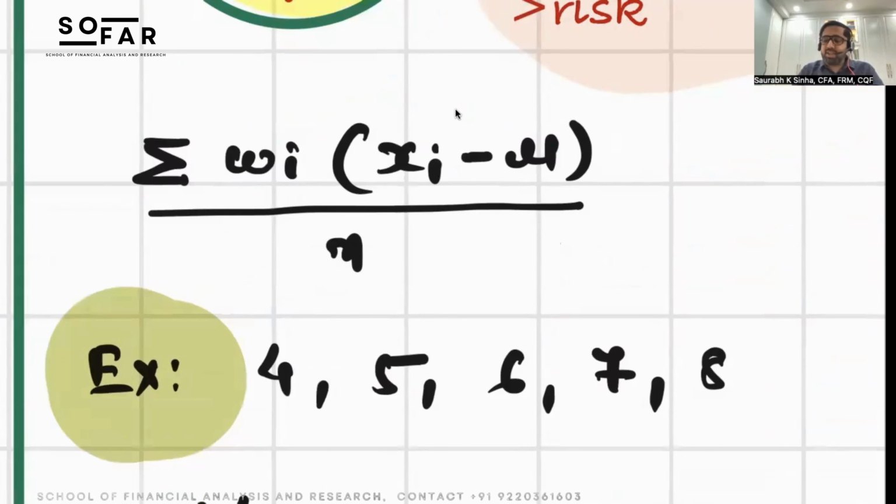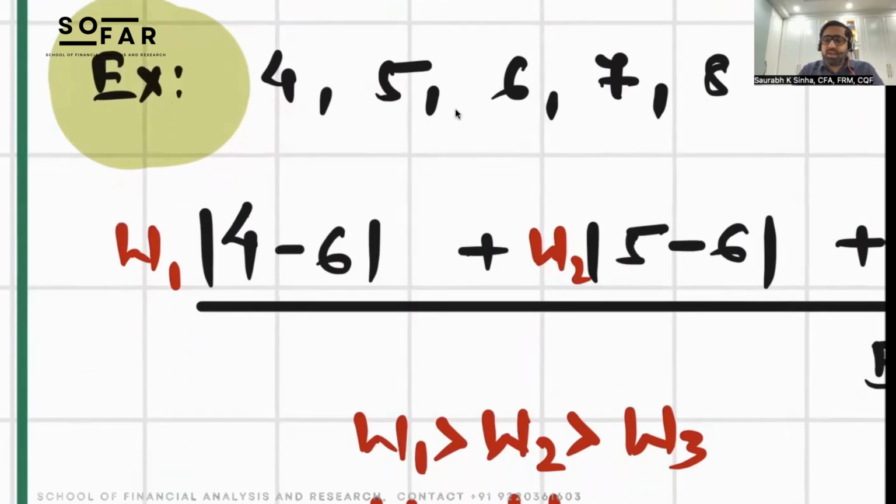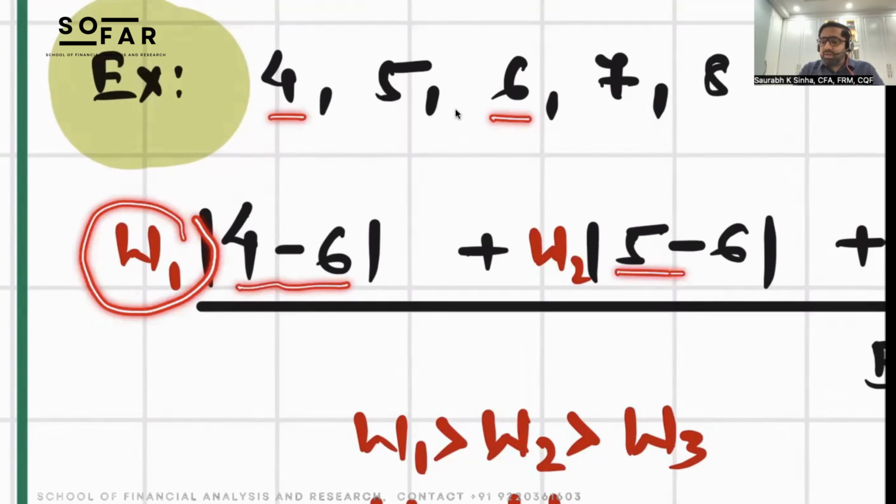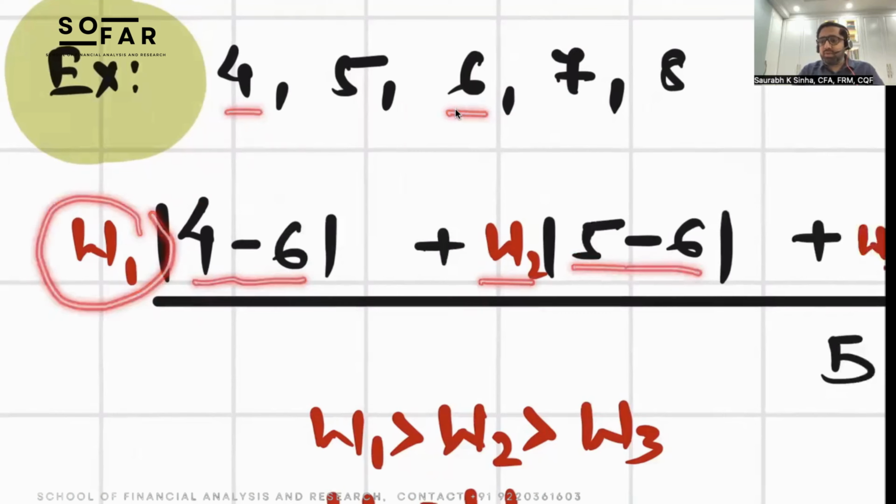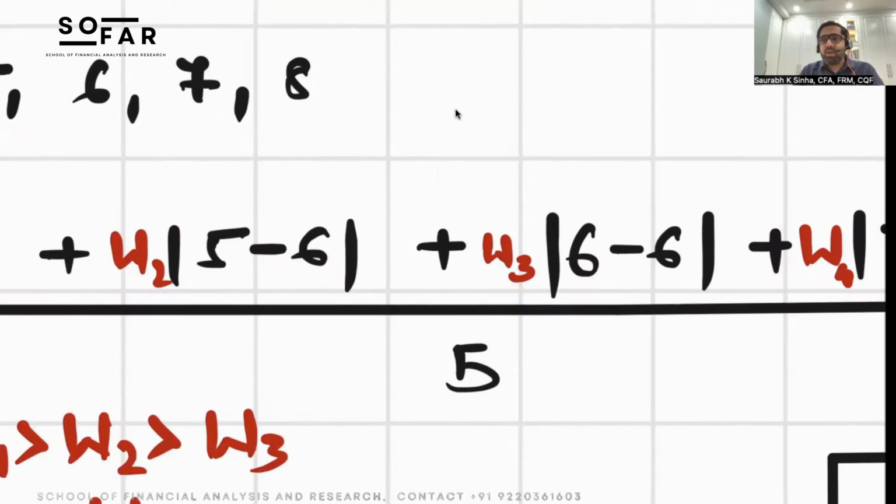So basically, this is the mean absolute deviation formula, but we want to assign higher weights to the higher distances. When I'm subtracting 4 minus 6, this is the absolute deviation from the mean. I want to assign a weight, which is weight 1. If I'm doing 5 minus 6, I want to assign weight 2. If I'm doing 6 minus 6, weight 3.